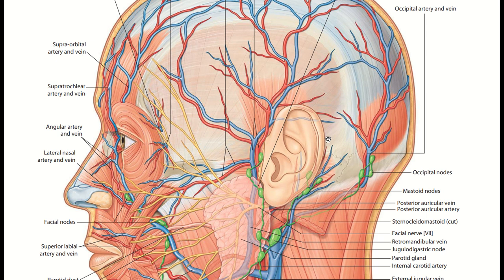If you remember, the external carotid artery is going to bifurcate or terminate inside your parotid substance into a larger maxillary artery and a smaller superficial temporal artery, whose pulsation you can feel right anterior to your auricle. So definitely your superficial temporal artery is going to send blood supply to the auricle.